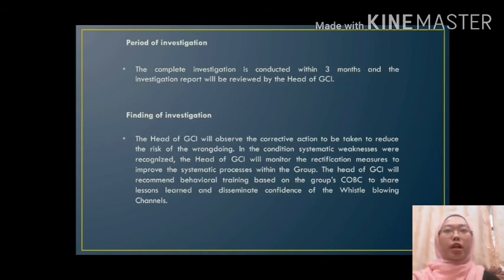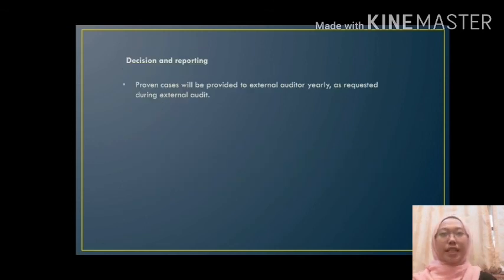The head of GCI will recommend behavioral training based on the group's COBC to share lessons learned and disseminate confidence in the whistleblowing channels. Lastly is decision and reporting. Proven cases will be provided to the external auditor yearly as requested during external audit.